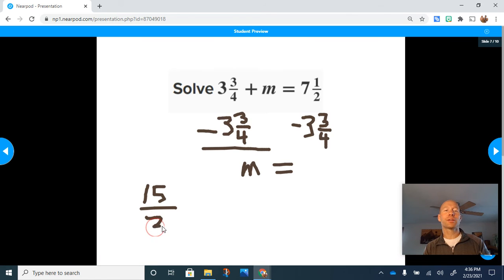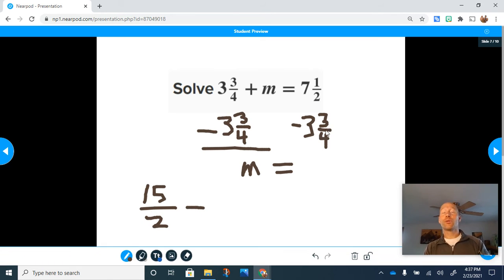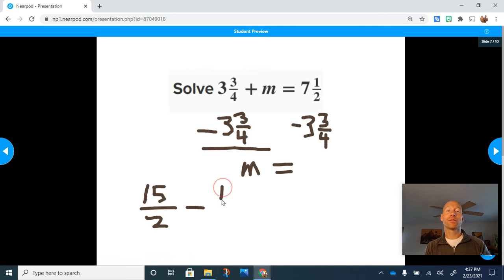And I'm going to subtract 3 and 3/4 from 15 halves. Well, 3 times 4 is 12, so we have 12/4 in 3 wholes, and I'm going to add 3, and I get 15/4.